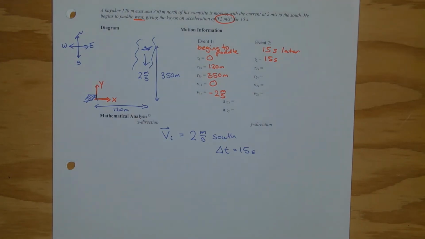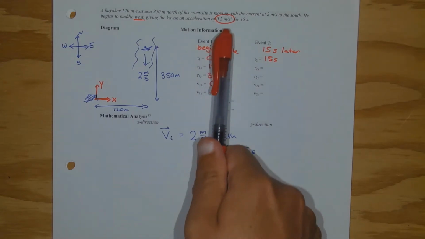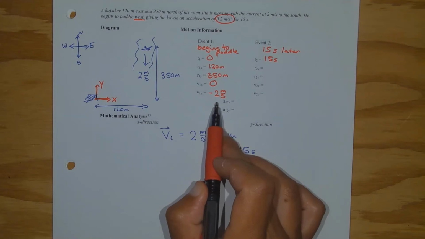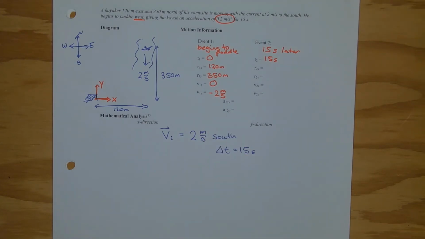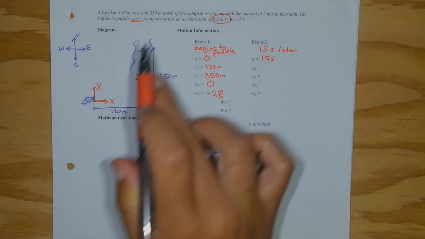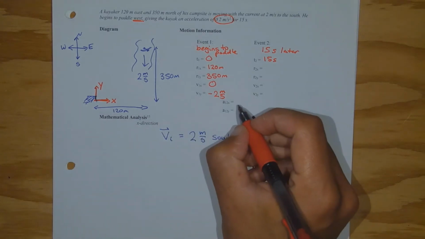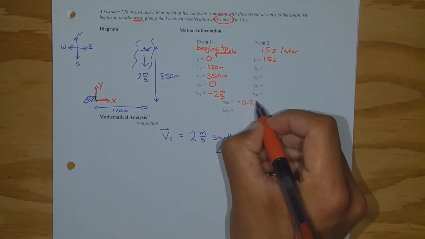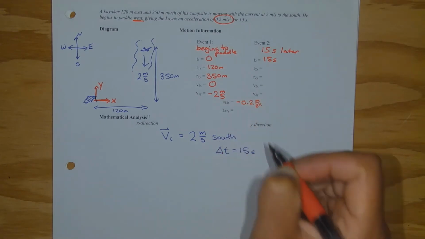Normally, we have v1x is equal to v2x because the acceleration is in the negative y direction due to gravity, but in this case the acceleration is in the negative x direction, so the y velocity is not going to change because there's no acceleration in the y direction. The acceleration is 0.2 meters per second squared west, so that's the negative x direction, so this is negative 0.2 meters per second squared.